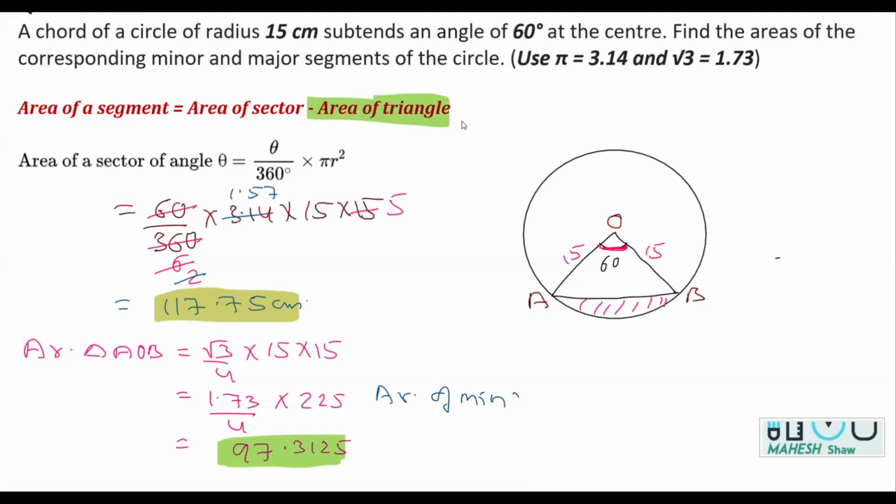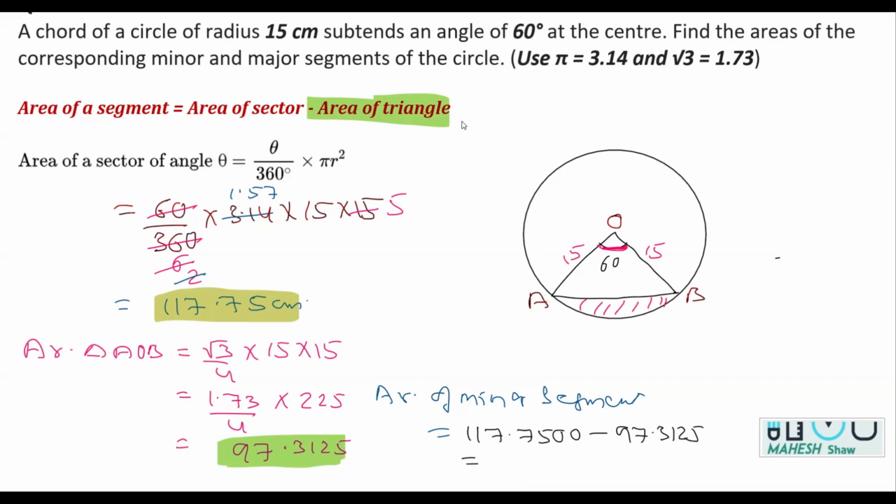From the formula, as we have already discussed, the area of this segment is the area of the sector minus the area of the triangle. So now we can say that the area of the segment is 117.75, I'll put additional zeros, minus 97.3125.